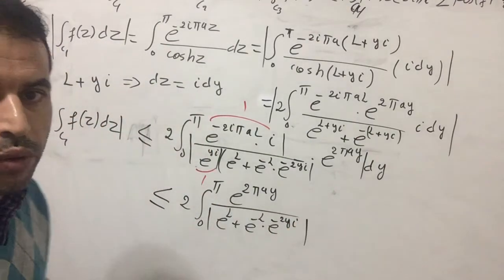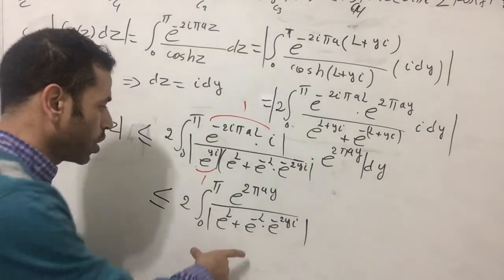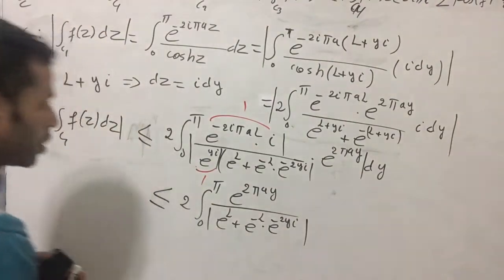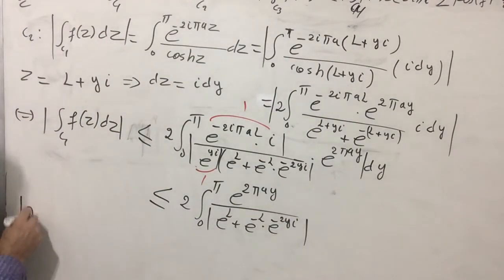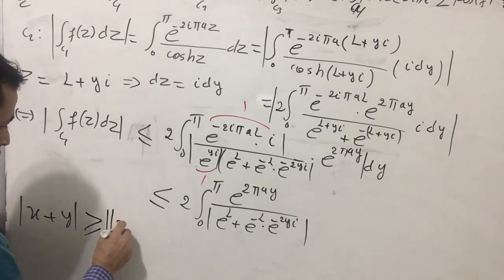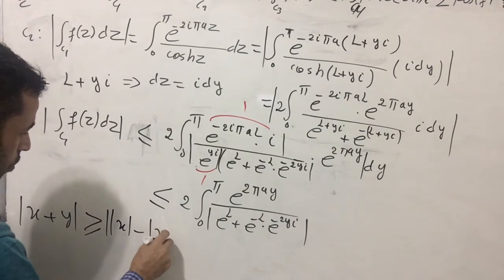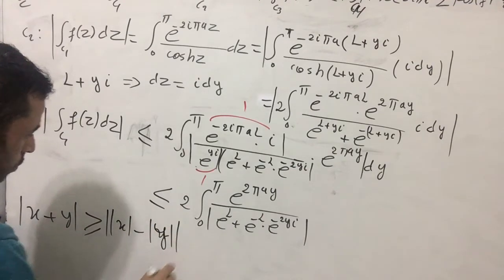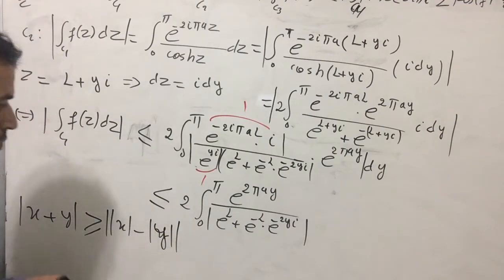What I'm going to do now, I'm going to apply the triangle inequality here. So we have the absolute value of x plus y is superior or equal to the absolute value of x minus the absolute value of y. Okay, I'm going to apply this theorem.